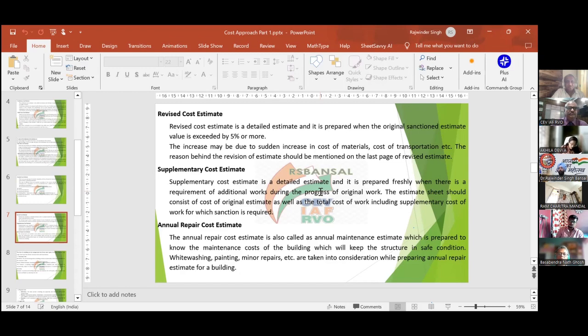So they prepare an annual cost estimate, meaning for the buildings or other infrastructures which are under them, they have to prepare what maintenance is required to be done during the next financial year in the buildings of their department. They prepare the annual cost estimate and take permission or sanction from the competent authority to carry out these repairs.